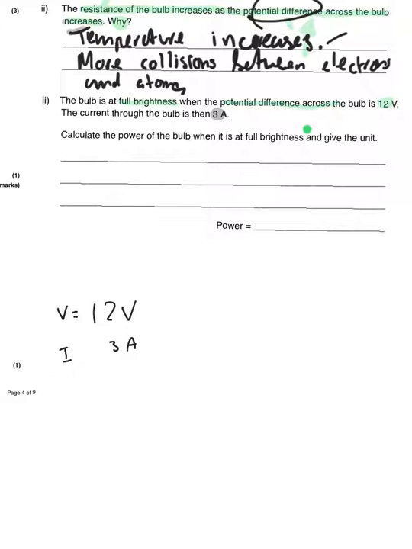So it now asks me to calculate the power of the bulb when it is at full brightness and give the unit. So it's now asking for power. So I need another formula that I can use to calculate power. So this isn't the V equals IR or Q equals IT. This is another formula, and there are two formulas that we studied for calculating power.